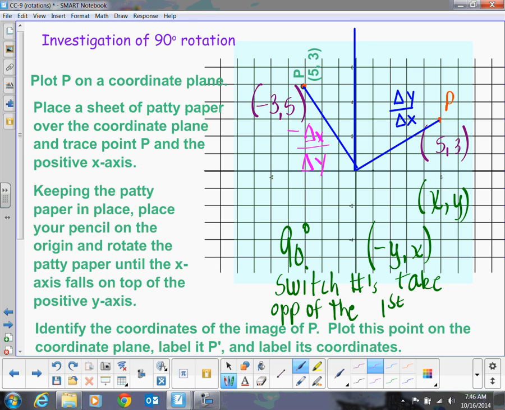So this becomes the new y. Actually, the negative is going to be down here. This becomes the new y, and this becomes the new x. So this y becomes the x and it turns opposite. This x becomes the y. That is the understanding as to why. Do you have to be able to go in this direction and do that? Or can you remember this?